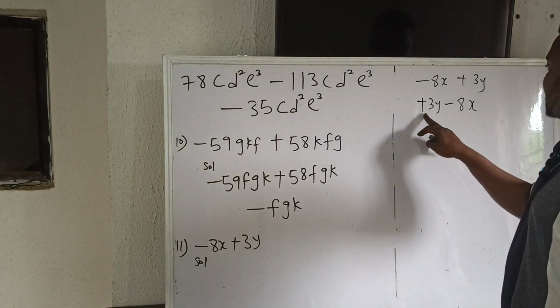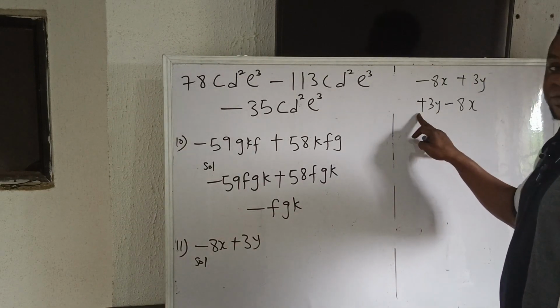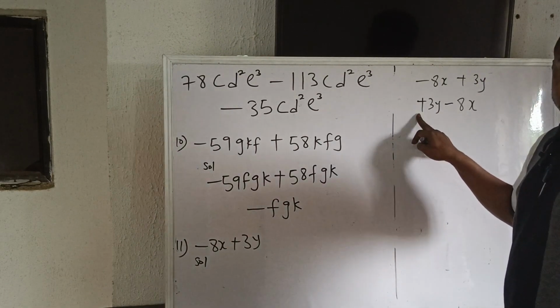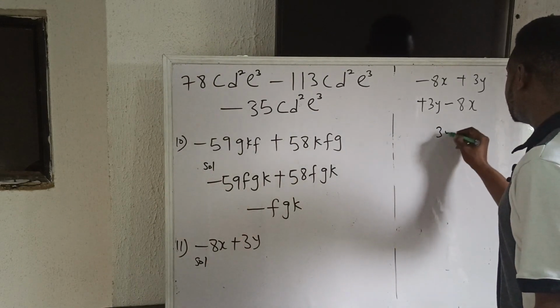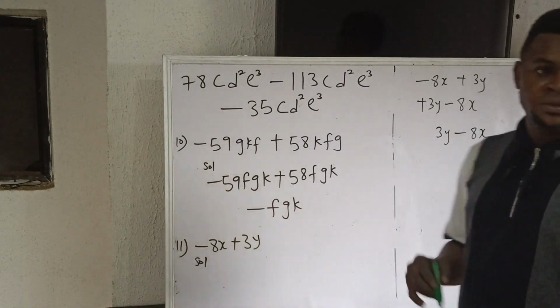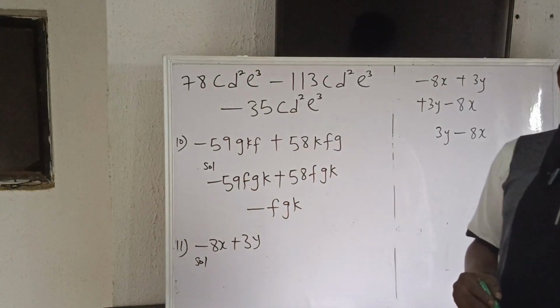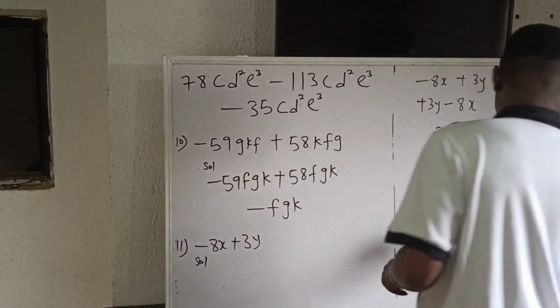So I'll now have plus 3y minus 8x. But don't forget, 3y has an invisible plus. So I can write this as 3y minus what? 8x. Do you see that now? So the answer is 3y minus 8x. Okay, so take note of that.